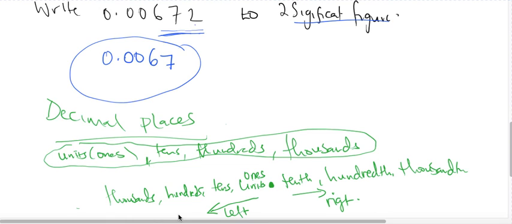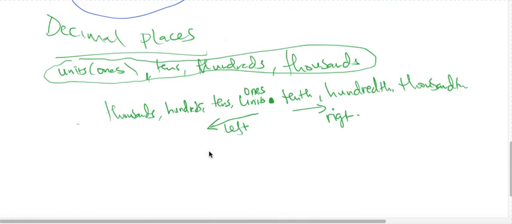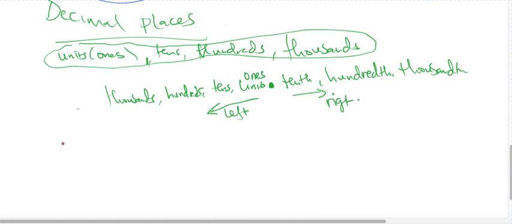Alright, so let me get some quick examples and then we conclude the lesson. For example, write 2.5634 to 2 decimal places.